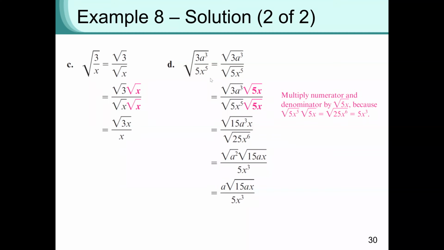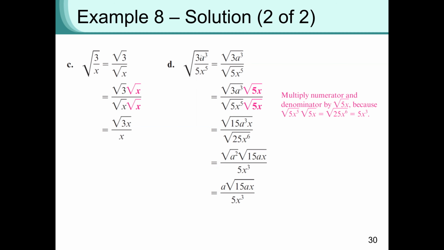So we can see here again, it's a square root. So when it's a square root, multiply by itself, that's it. So square root of x times square root of x will give me square root of x squared. 2 times half will cancel. So we get x. So it will be square root of 3x over x.